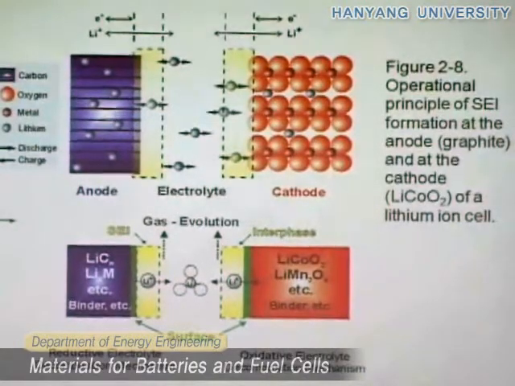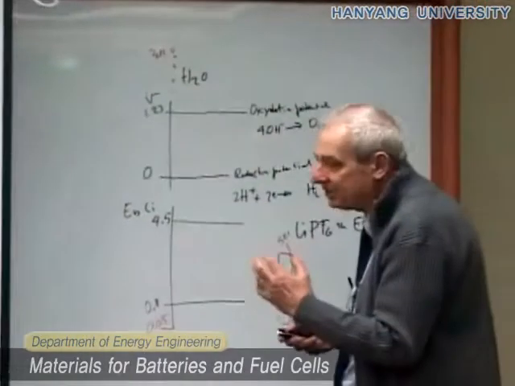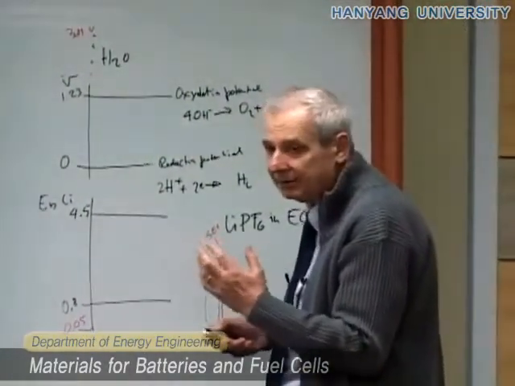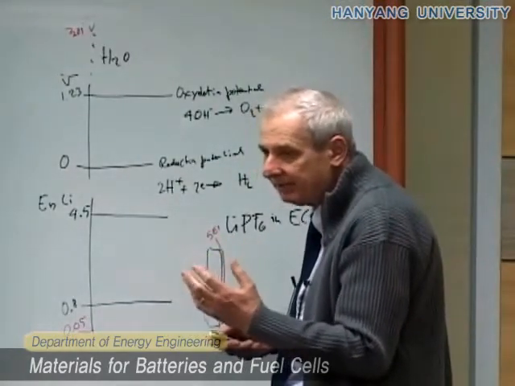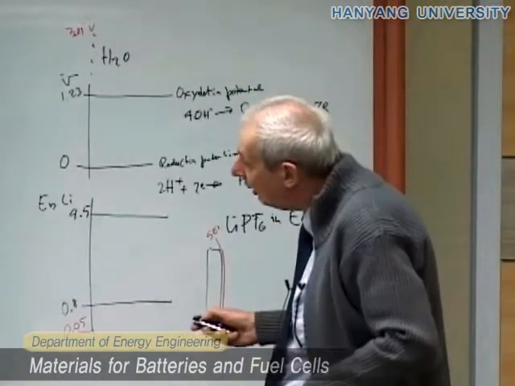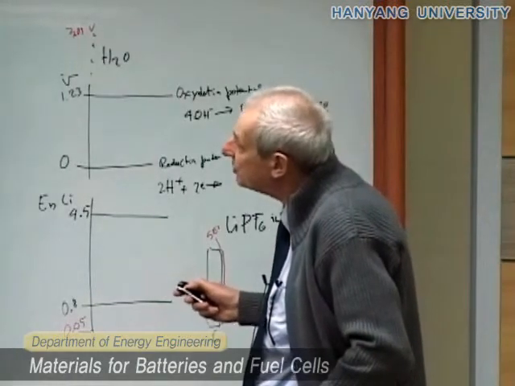So the graphite lithium cobalt oxide battery is thermodynamically nonsense. However, as you know, this combination is at the base of a very successful battery. This is because both at the anode side and at the cathode side, we have the formation of a protective film.